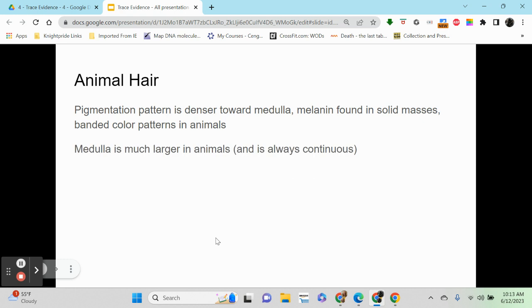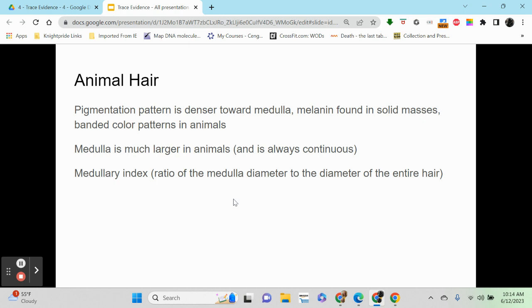Okay, they have that nice dark line that runs the entire duration of the center portion of their hair. But you'll also notice that any pigmentation is going to be much denser, and it's going to be much more numerous in animals than what it is in humans as well.